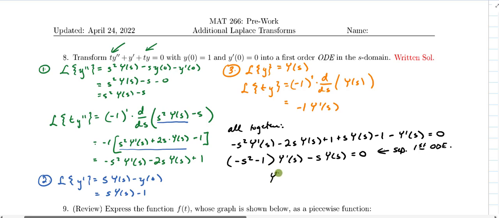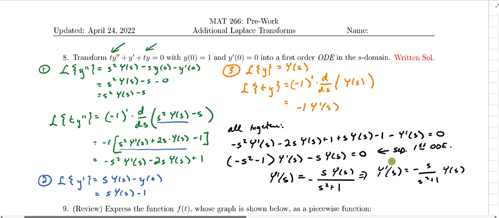I could rewrite this as y prime of s is equal to s y sub s divided by, and we'll put the negative sign out front, s squared plus 1. Or if I continue, y prime of s is equal to minus s over s squared plus 1 y sub s. And here we can see that this ODE is certainly separable. And when we get to class, we'll go ahead and solve this ODE.